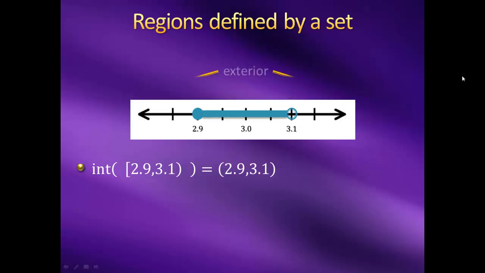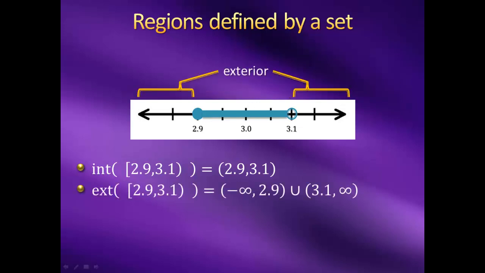The exterior of the set would be a union of two open intervals, one of them from negative infinity to 2.9, and one of them from 3.1 to positive infinity. Any number in one of those two sets has a neighborhood around it that is completely outside the main interval. For instance, consider 3.11. The interval from 3.105 to 3.115 is still contained in the complement of the interval.